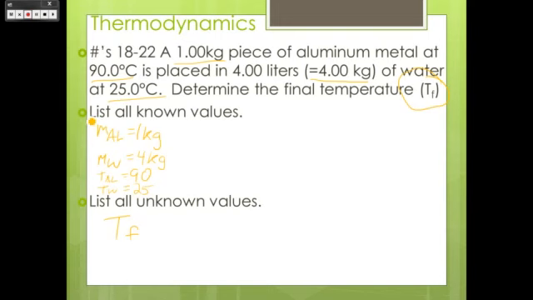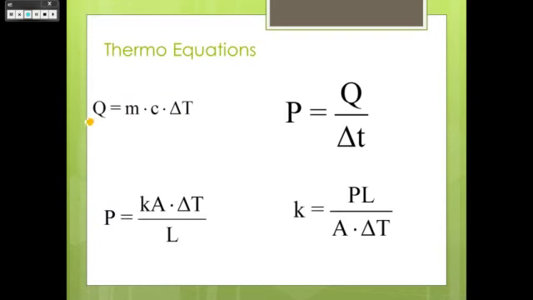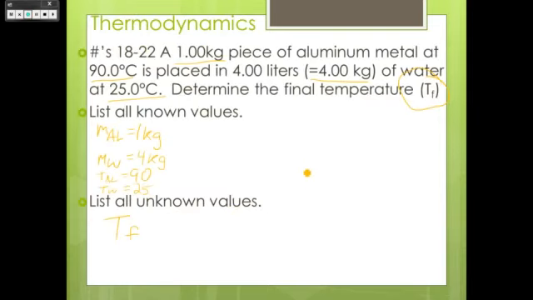So knowing what I know, let's go back and look at our formulas. I've got a mass. I know I'm going to be working with a change in temperature, but I only have one formula here that has a mass, which is what they gave me because they gave it to me in kilograms. So I know that I'm going to use only one equation: Q equals M times C times delta big T.